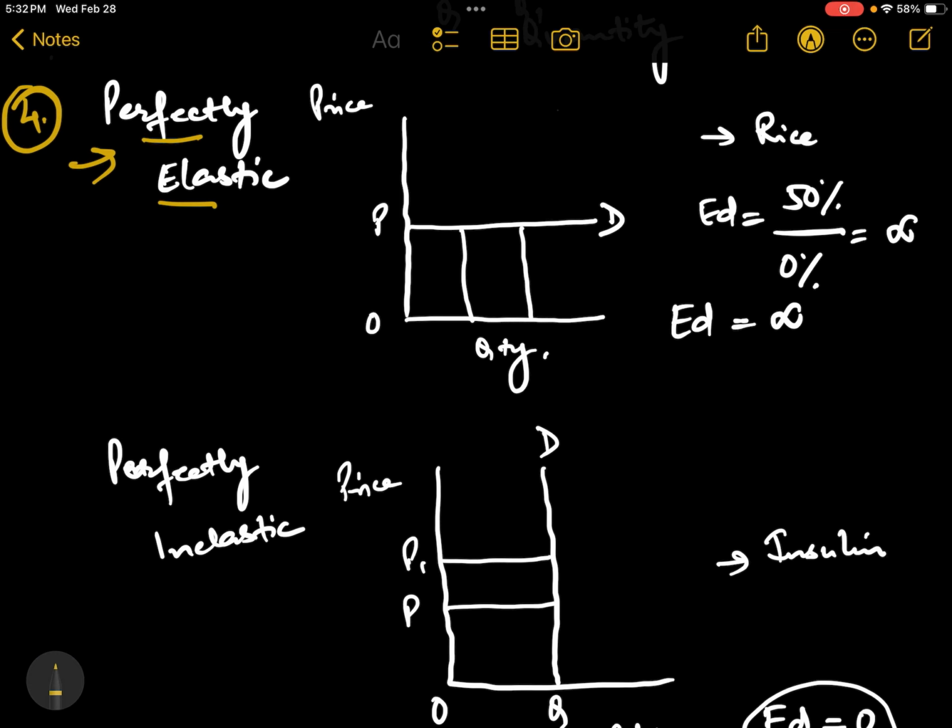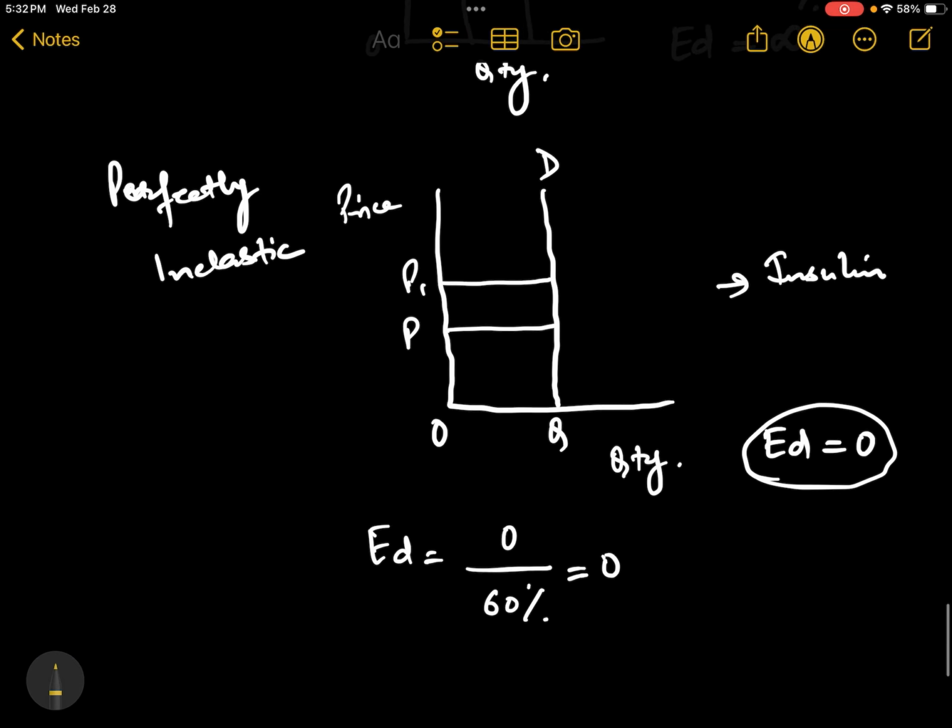So these are actually subjective concepts, but still we can apply them to the real world in few situations. So here what is happening is that your percentage change in quantity demanded is, let's say, 50%, and the price changes almost 0%, then the answer would be infinity. The elasticity coefficient would be infinite in this case.